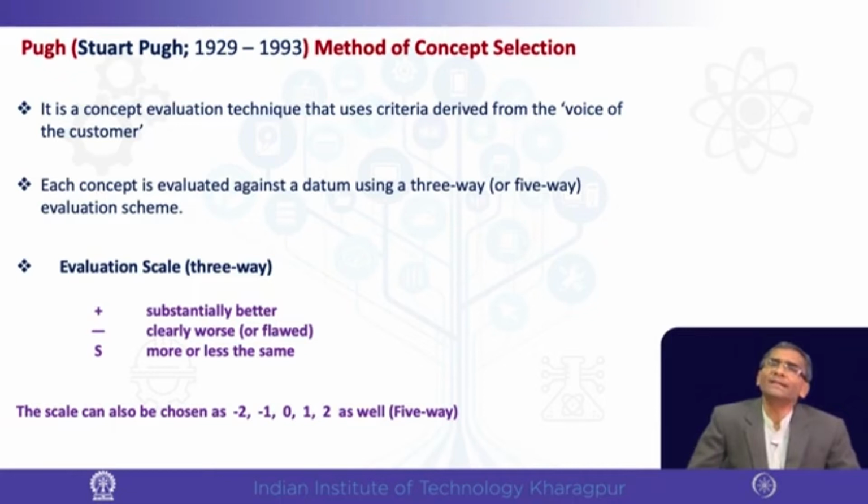Say if we are saying that in a product, suppose we are saying how the electroplating is, if it is very good quality compared to the existing one, then it would be 2 in a 5-way system I am talking about.